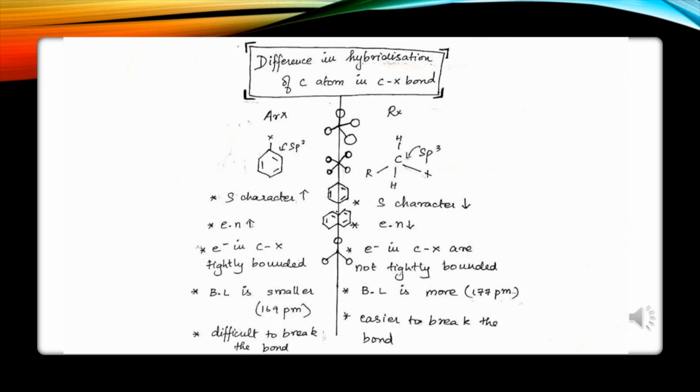Electrons in the C-X bond are tightly bound in haloarenes, but not tightly bound in haloalkanes. The bond length is smaller, 169 picometer, in haloarenes, but greater in haloalkanes, 177 picometer. Therefore, haloarenes are difficult to break. But in haloalkanes, it is easier to break the bond as the bond length is more.